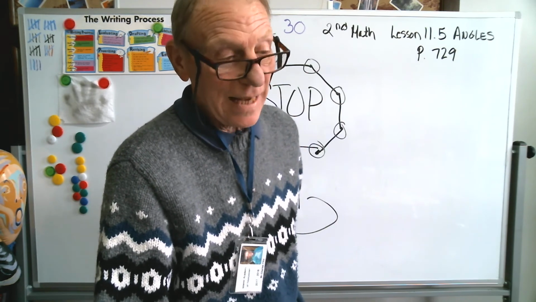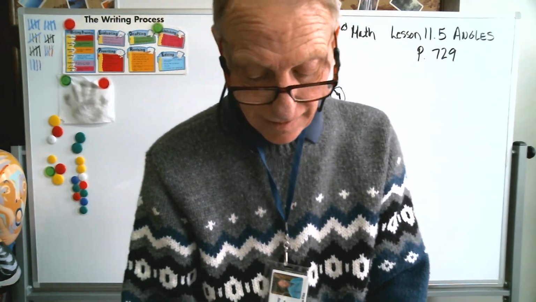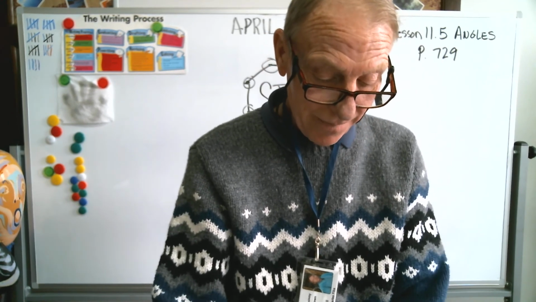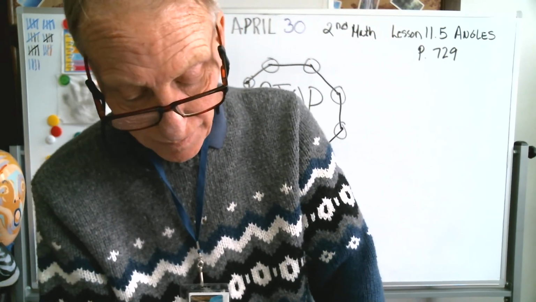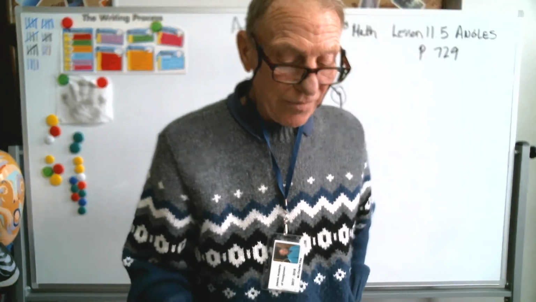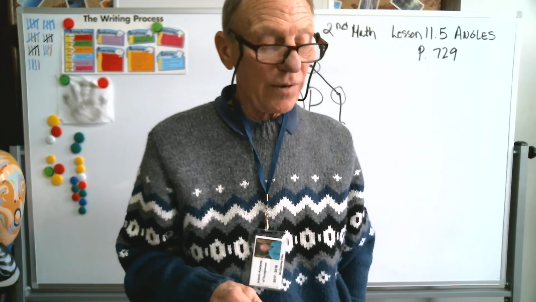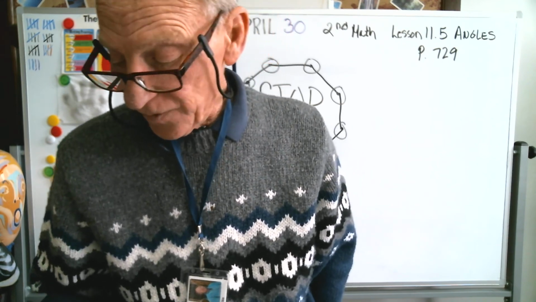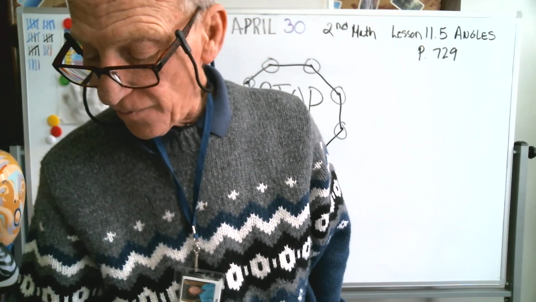Now, that takes care of lesson 11.5. 11.6 is going to be sorting out two-dimensional shapes. How do you use the number of sides and the angles to sort the differences on these two-dimensional shapes? So we'll be doing that tomorrow.